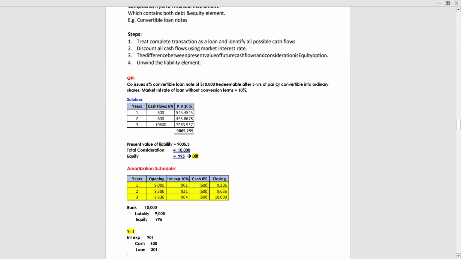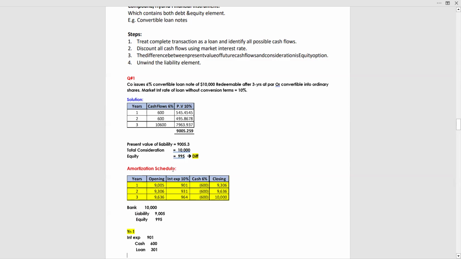Present value at the 10% effective or market interest rate. The total of the present values is your liability, which is 9005.3. Present value of the liability; total consideration is 10,000. The difference is 995, which is equity.